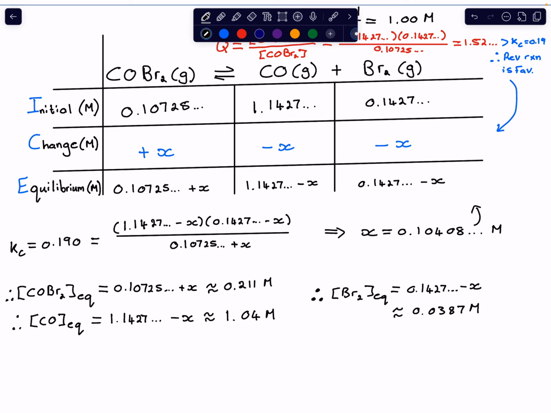So a lot of work, but in principle the same application of the same ideas over and over again.